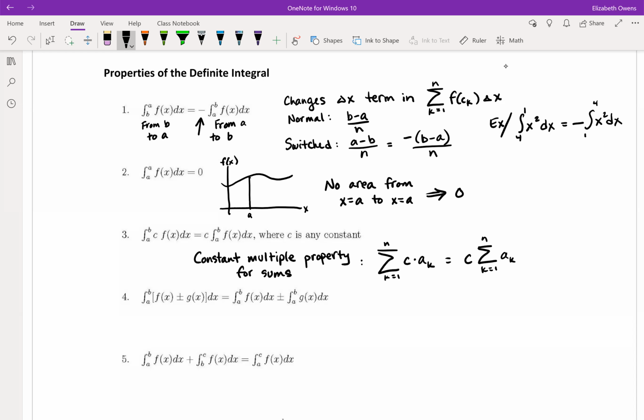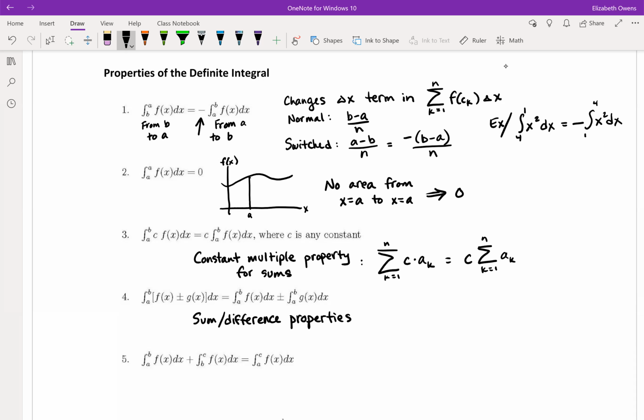If you're taking an integral of two functions that are either added together or subtracted from each other, a sum or difference, it turns out you can split this into two integrals. These were from our sum and difference properties for summations, if you recall those.